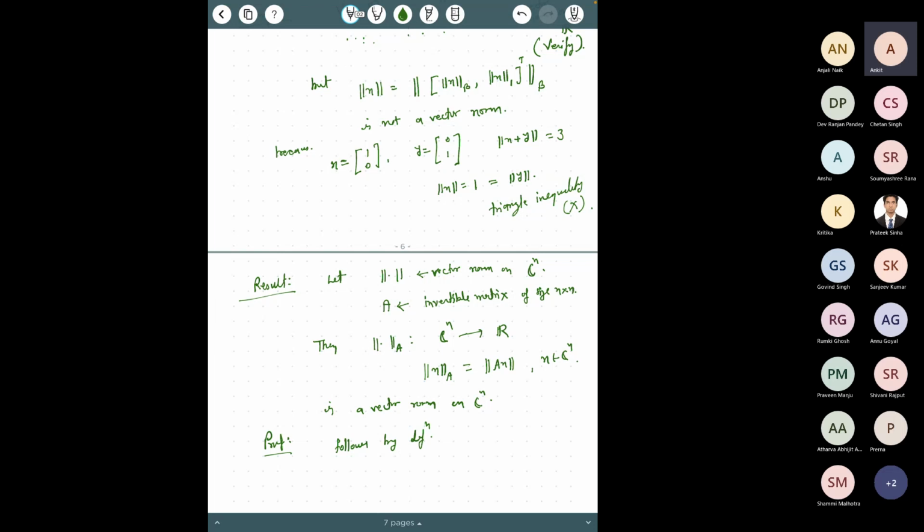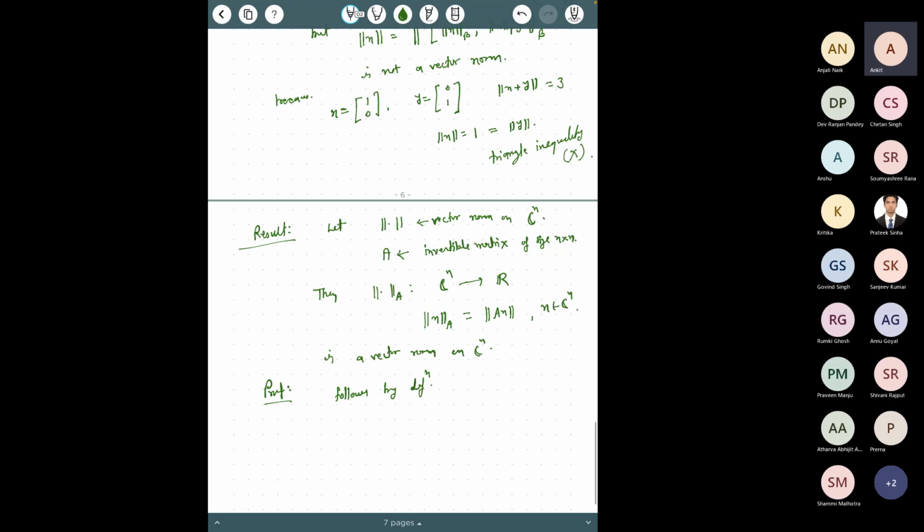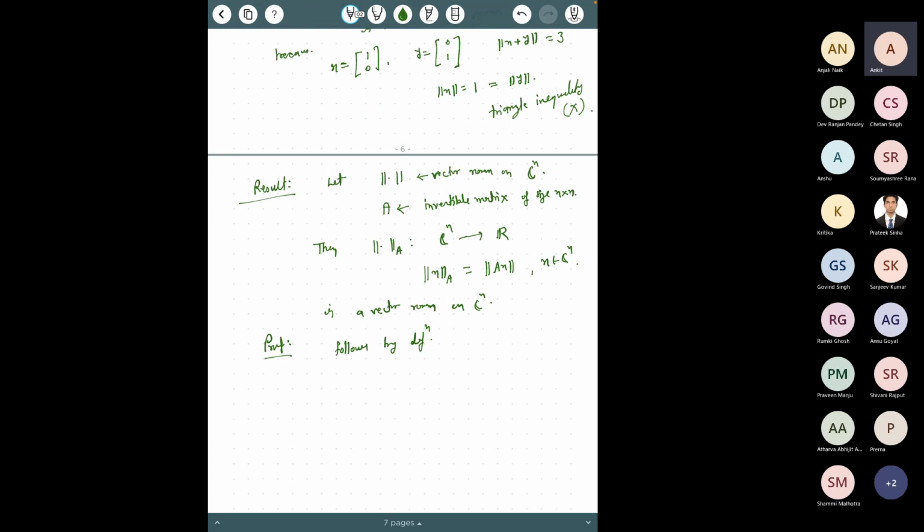Here you can ask me, why is A invertible? What if A is not invertible? So let me ask you: what happens if A is singular, that means not invertible?